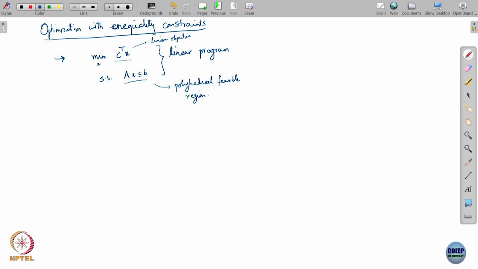So, let us try to see what we can say about solutions of a linear program. Firstly, the way this problem has been posed, we are optimizing a linear function over a polyhedral feasible region. Can you show me how this problem can be transformed into a problem that looks like this?